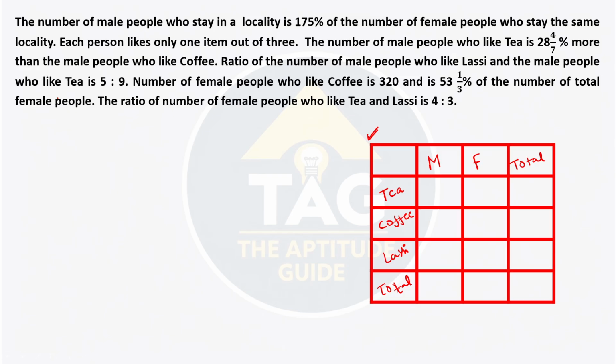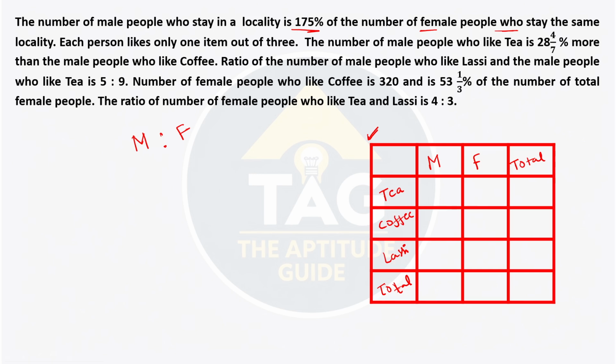Now, let's look at the given information. Number of males is 175% of number of females who stay in the same locality. Number of males, number of females. If you are good at finding the ratio, at converting percentages into ratios, that's a good thing.